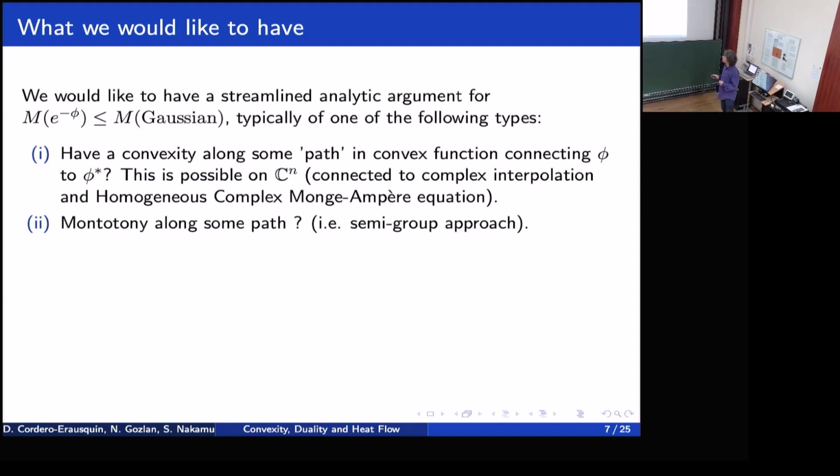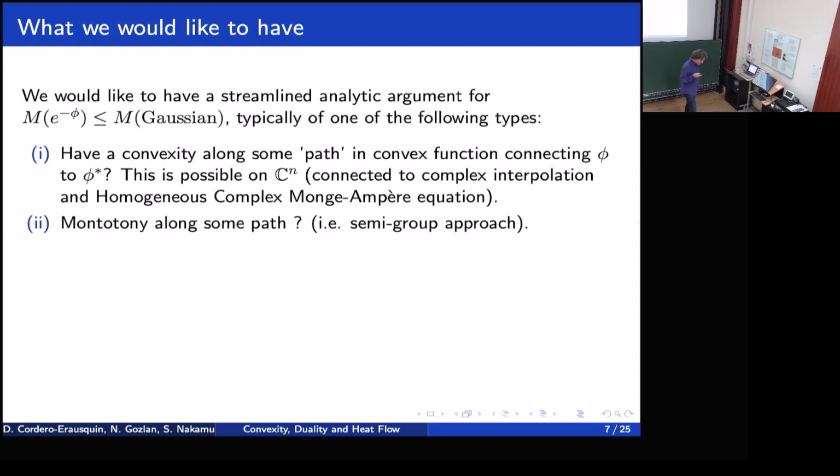The first one would be some kind of path that connects phi and phi star, and that along this path I have some log-concavity or something like that, and this path passes at the middle through the fixed point x squared over 2. You can imagine that. So some form of duality at the level of paths among all convex functions.